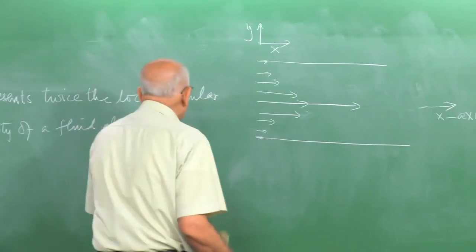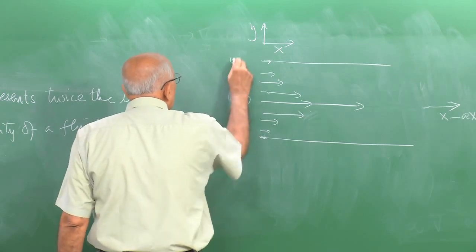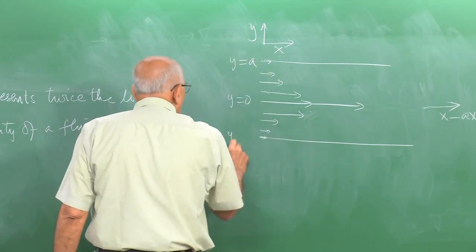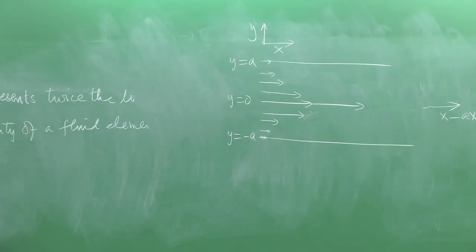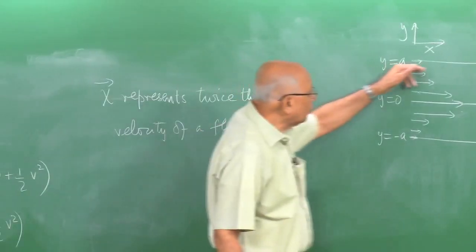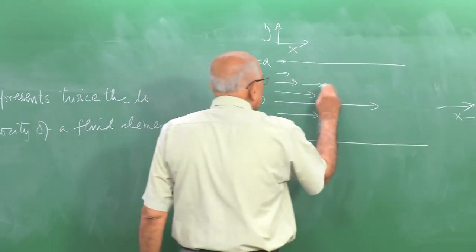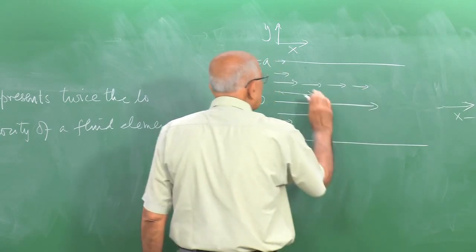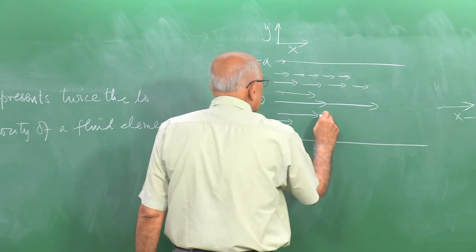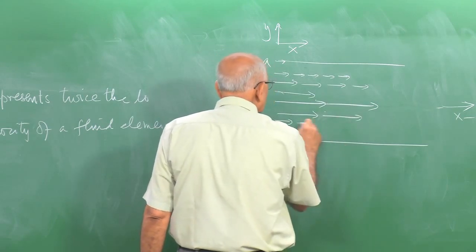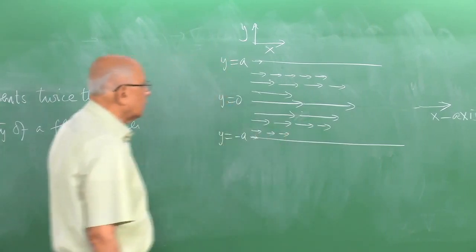And let us give this some coordinates. This is the line y equal to 0, this is y equal to a, and y equal to minus a. So the width of the canal is 2a, and this is what the velocity vector looks like at these points, and of course at this point it is exactly the same, etc. So these are small vectors, these are medium vectors, these are small vectors, this is even tinier vectors, and so on.